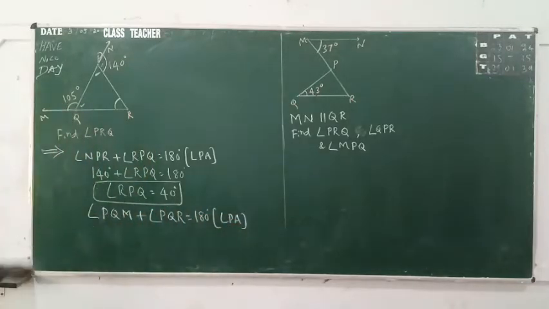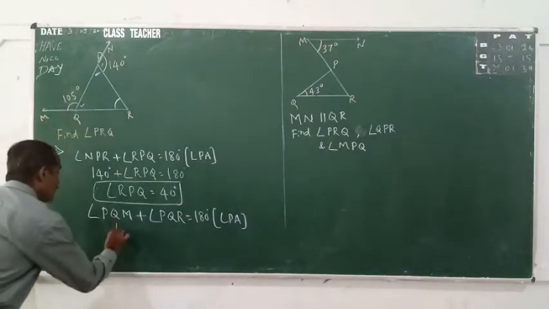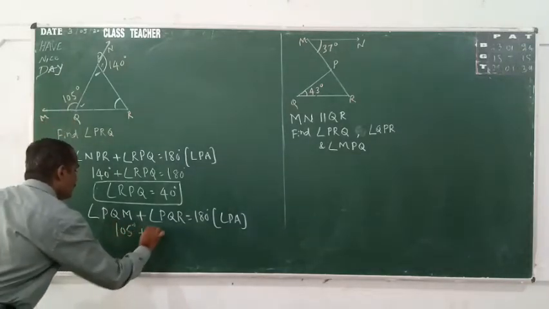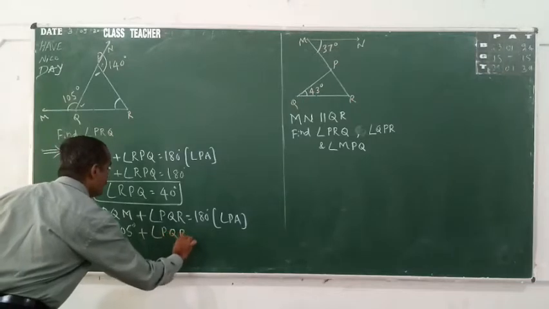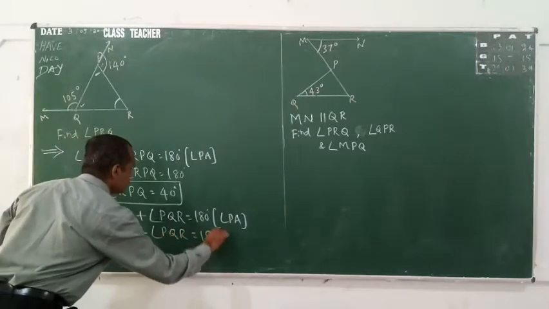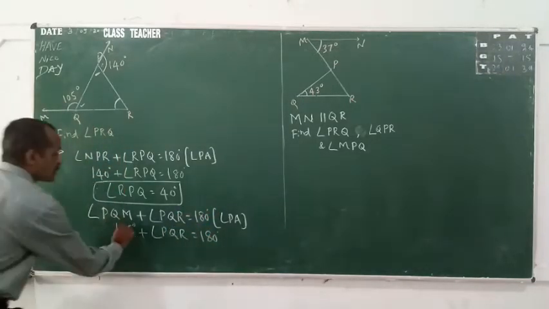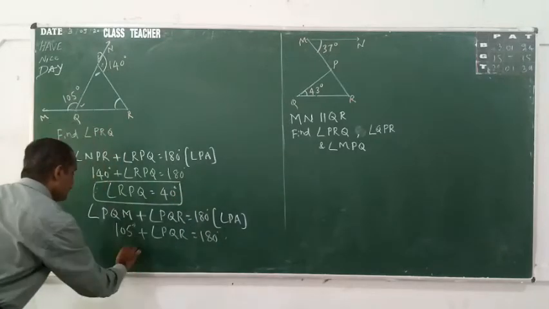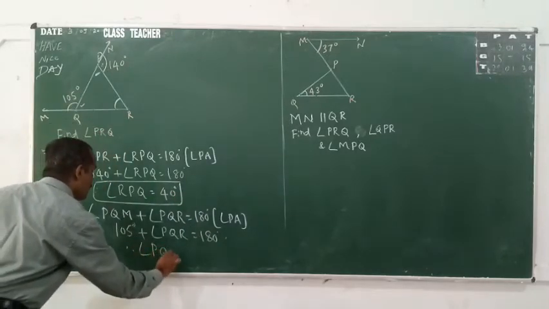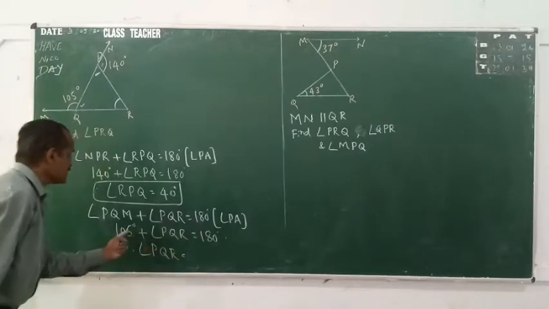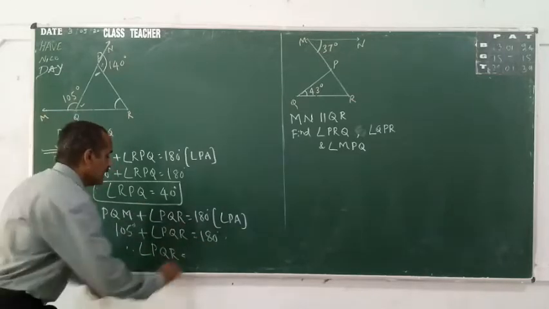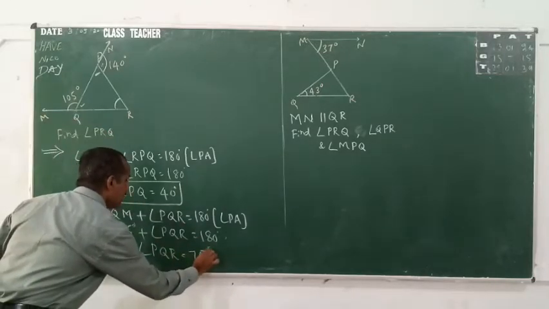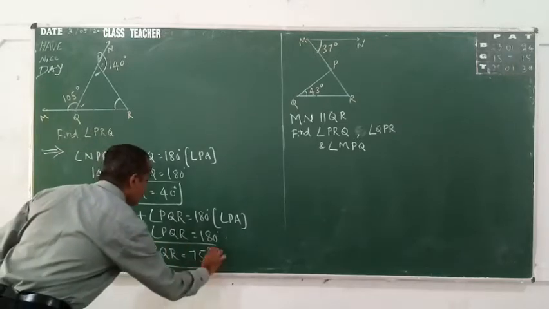Which angle is known to you? PQM is known. 105 plus angle PQR is equal to 180. You can transfer this to the right hand side. Therefore, angle PQR is equal to 180 minus 105. That gives you 75 degree. You got the second angle.